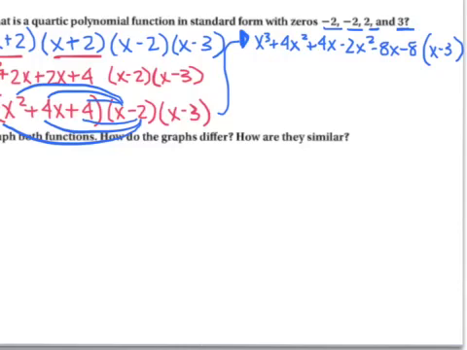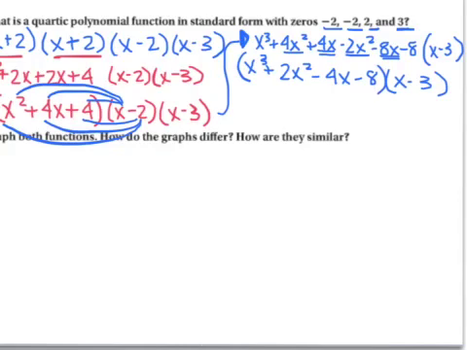Combine your like terms. And then you just have to do your multiplication one more time and multiply that x minus 3 towards that whole 4-term polynomial.